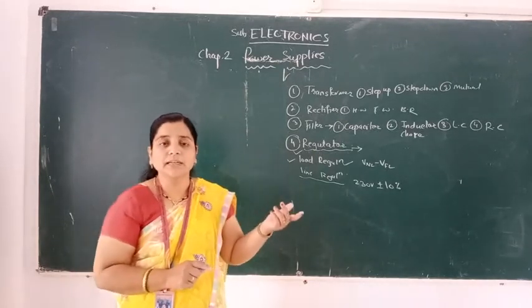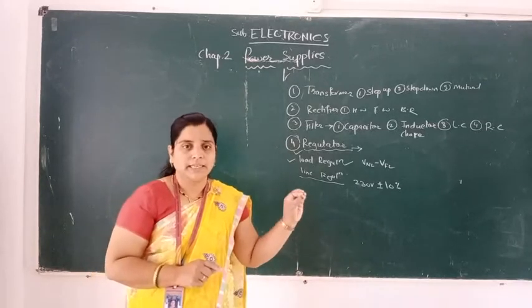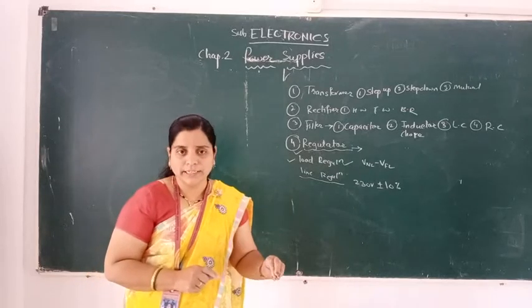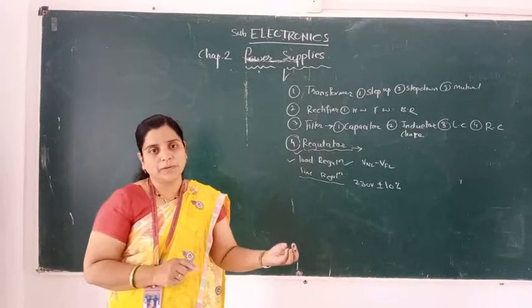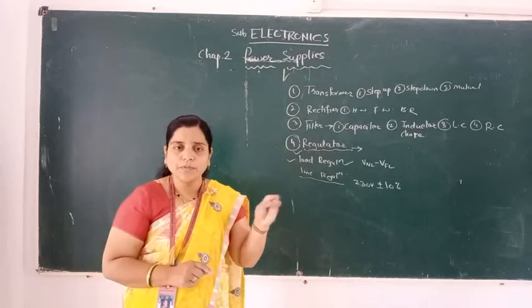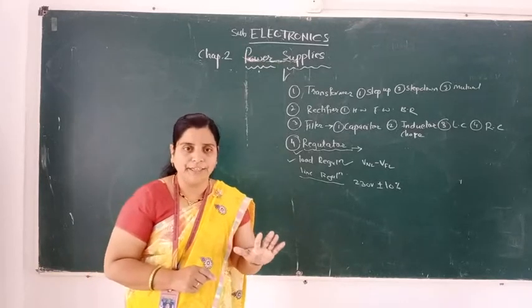I have given this example in the filter circuit. If you are getting DC out of the rectifier, but that DC is not pure, to purify it or remove the AC, we require the filter circuit.